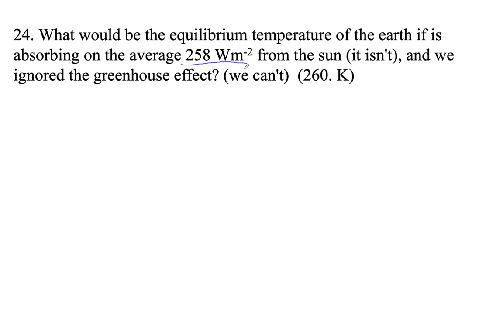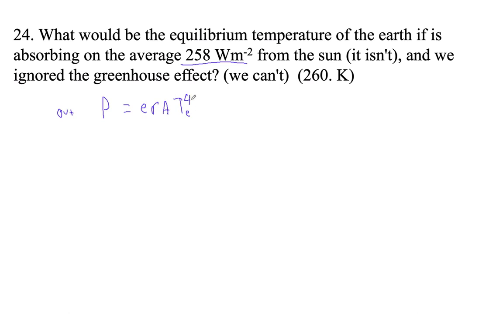But let's assume it's neither falling nor rising. So it's at equilibrium. Okay, then that means in equals out. Okay, and we know that the outgoing radiation, in terms of power, right, is emissivity times sigma times area times the temperature of the Earth to the fourth, right?